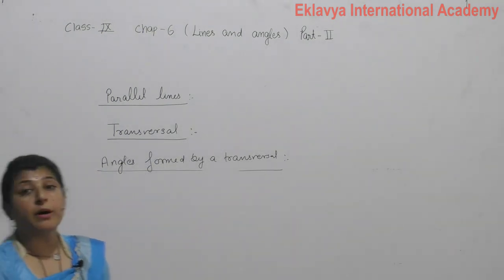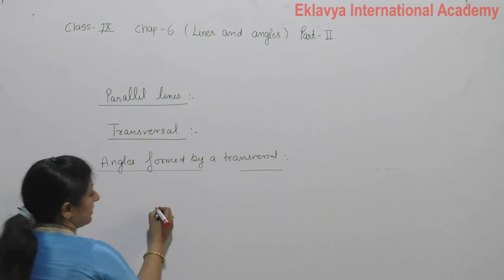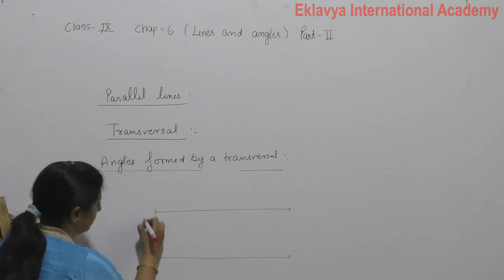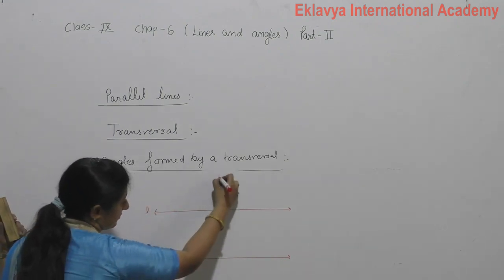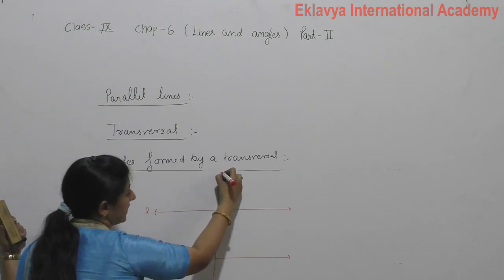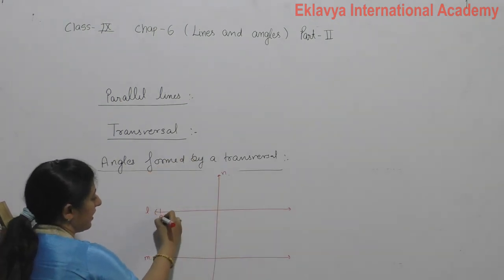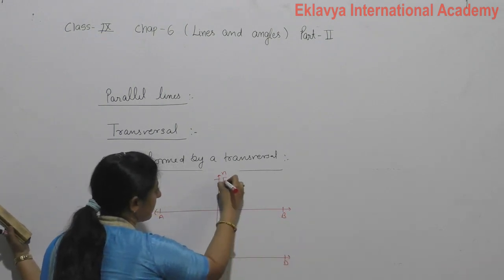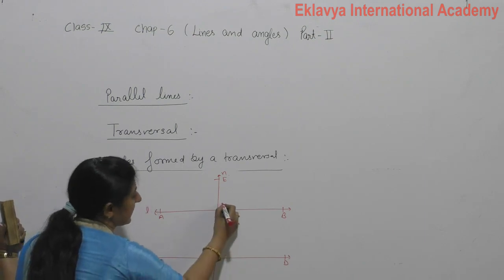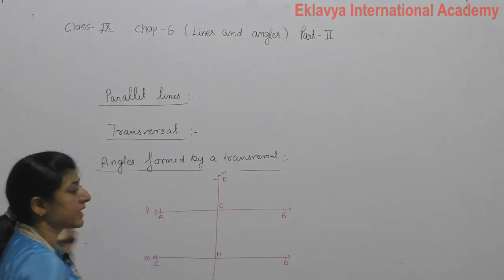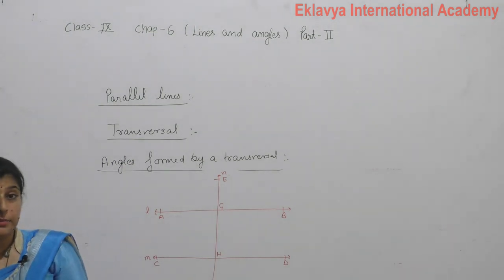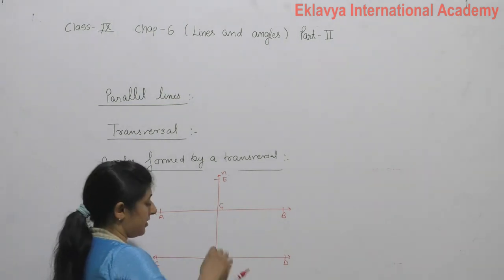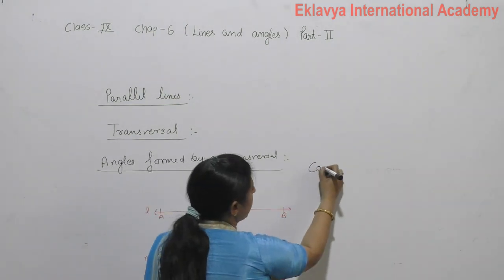If we are talking about parallel lines, that these lines are parallel, and this one transversal, I can say these lines are AB, CD, EF intersecting at points G and H respectively. Now there are some conditions. When we talk about parallel lines, then the relation between the corresponding angles.